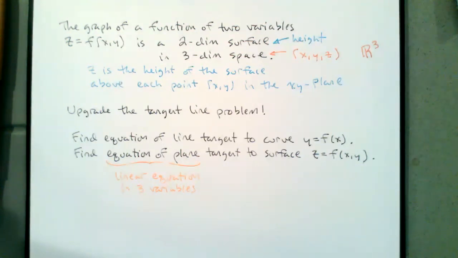So when we want to describe a line, we know we need a place to start and a direction to go. So remember that the equation of a line has a place to start and a direction to go.